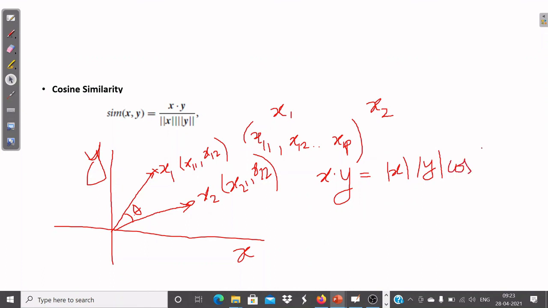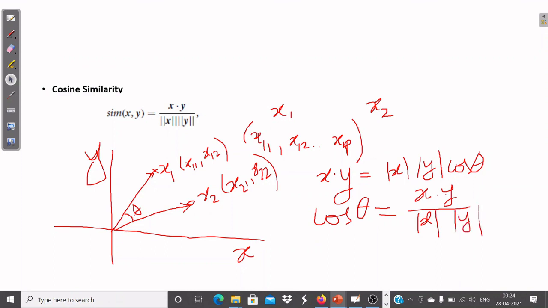Our cos theta is our similarity measure, so cos theta is equal to x dot y divided by the magnitude of x into the magnitude of y.